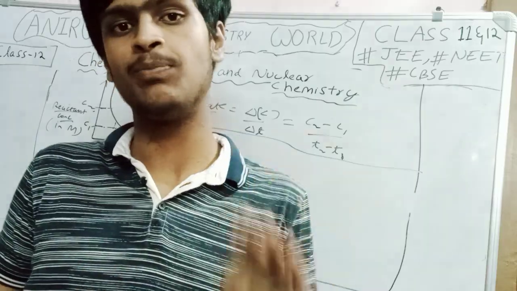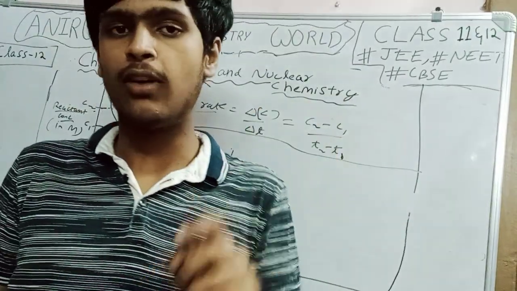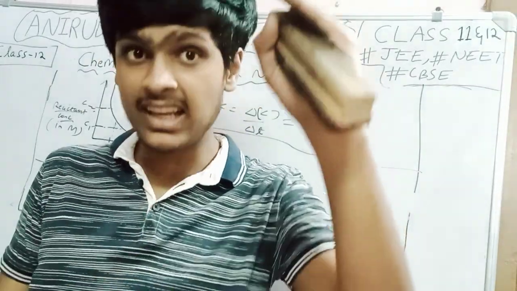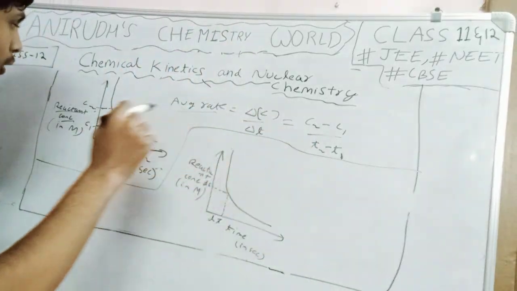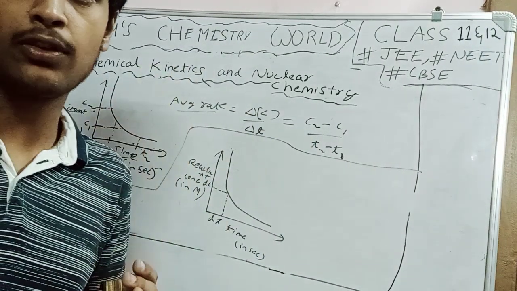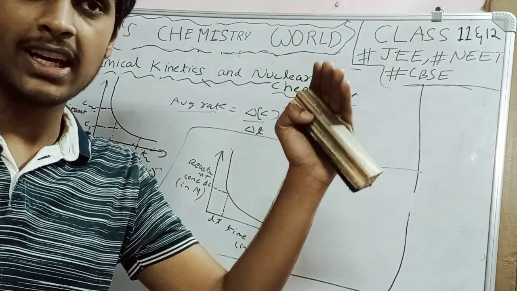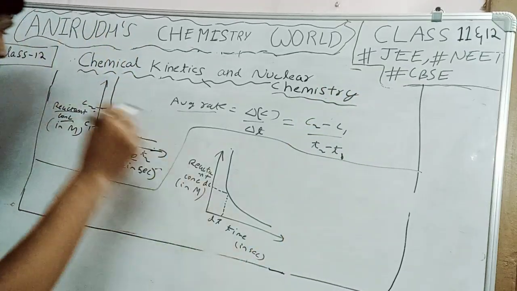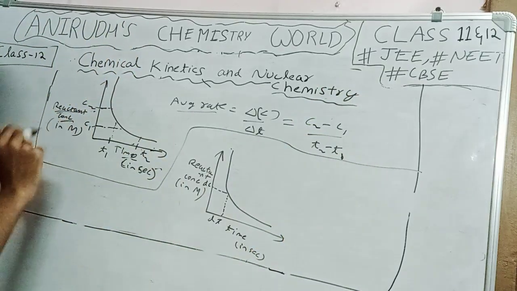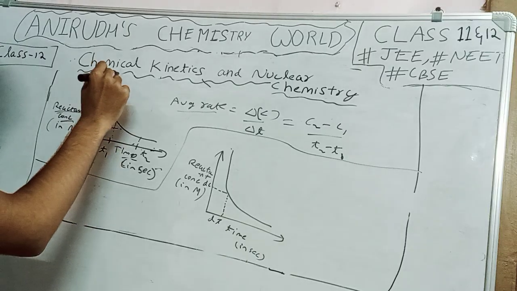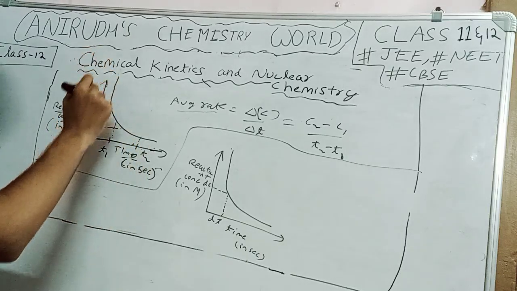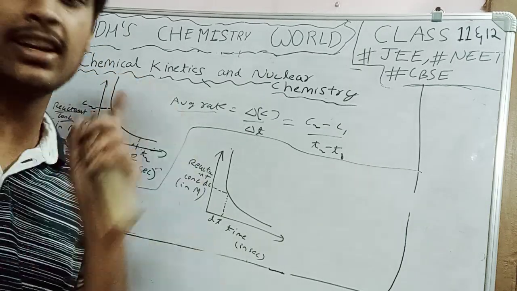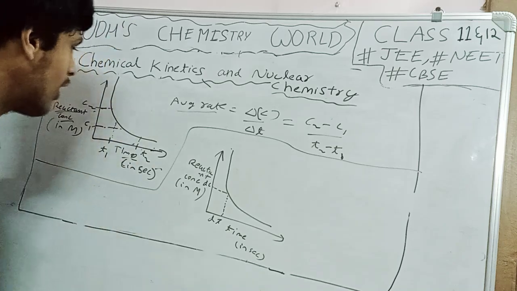So here by default the rate of reaction is the decrease in concentration of reactants in unit time. Therefore, if you plot reactant concentration versus time, you will see the concentration decreasing exponentially.